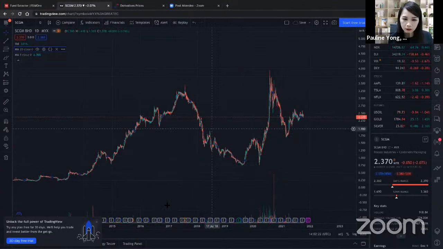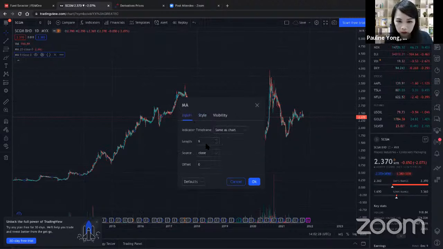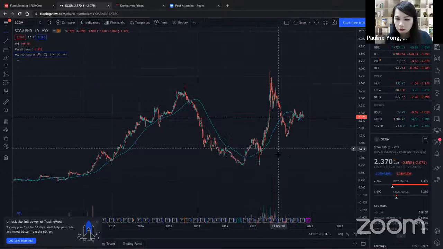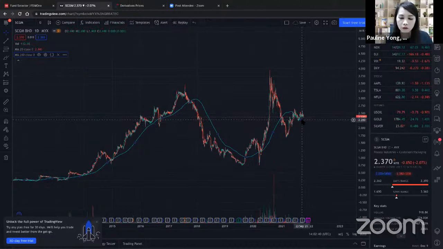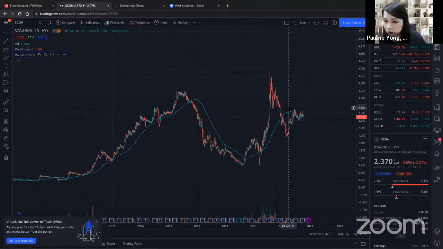Okay, so now I can see a clearer picture. You are hovering around the 200-day moving average. So that is why you are being weakened. It's very weak here. You need to cross above this 200-day moving average, and then with a spike in the volume. So now I see this one is rather weak. So this is a weak trend. Okay.